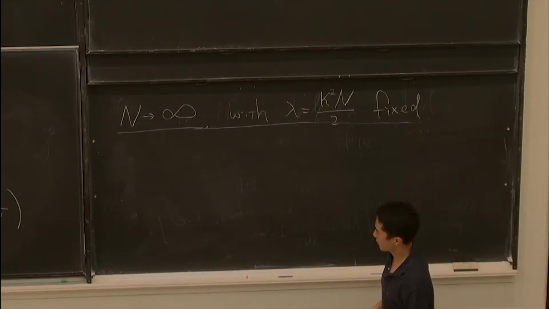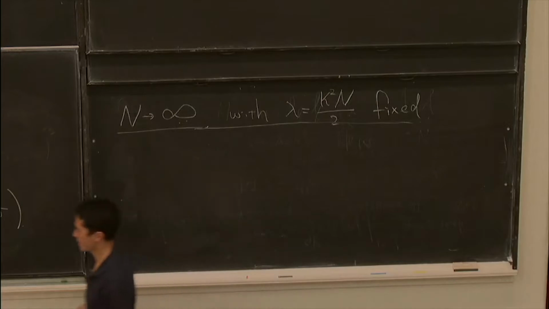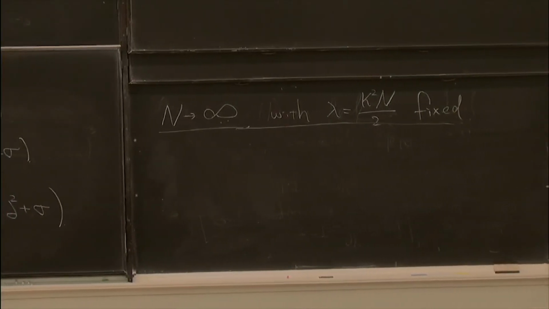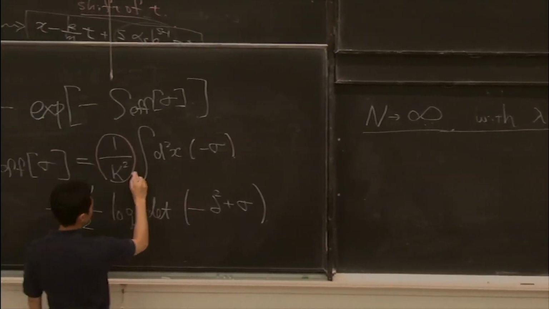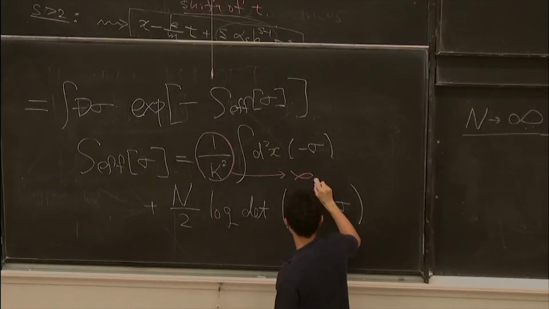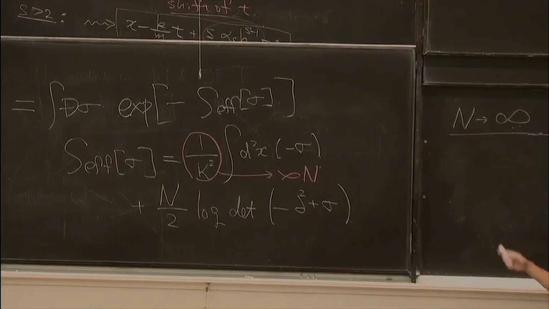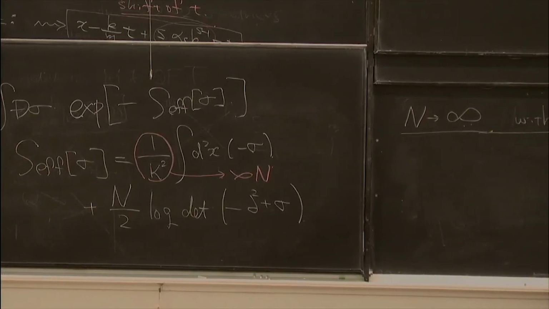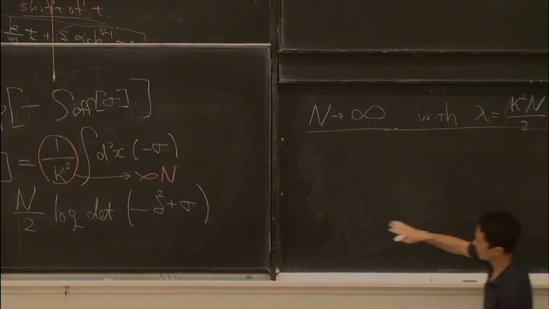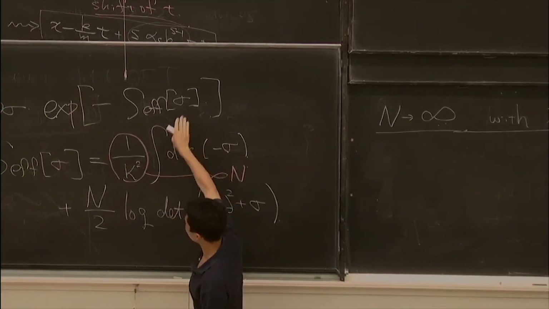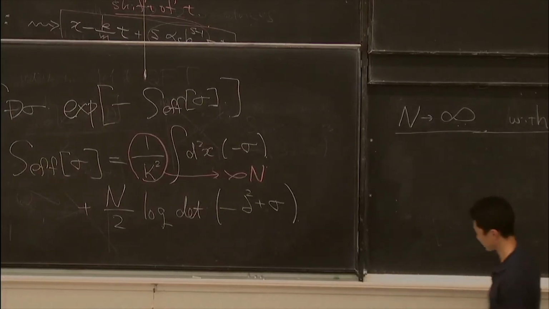And if you do so, then you immediately see something nice. Because here you have 1 over kappa squared, but in this large N limit, essentially this becomes proportional to N. If you rewrite it in terms of lambda and N, then you can say that there is something very large in the large N limit in the exponent, so you can approximate this by a saddle point.